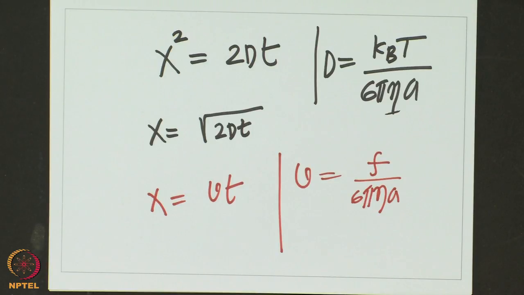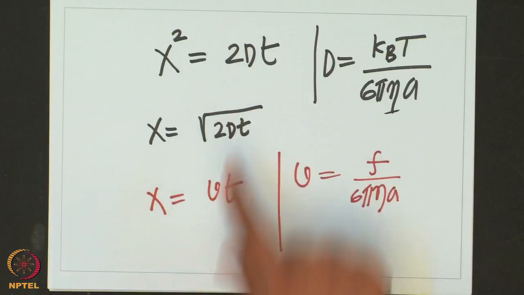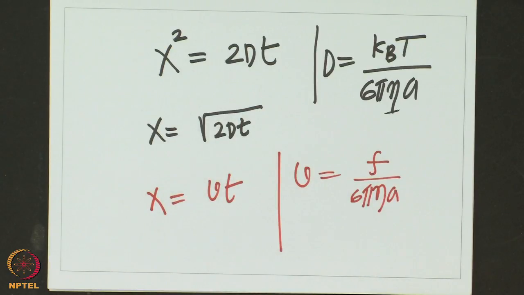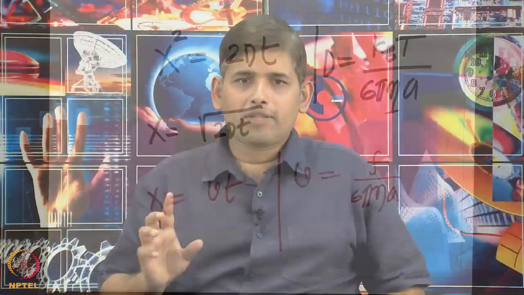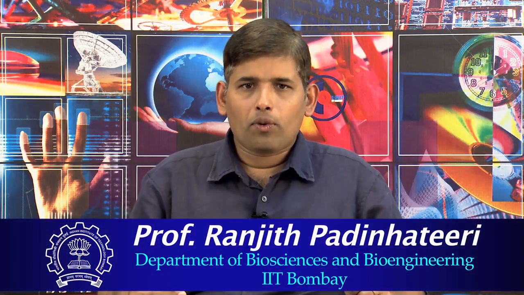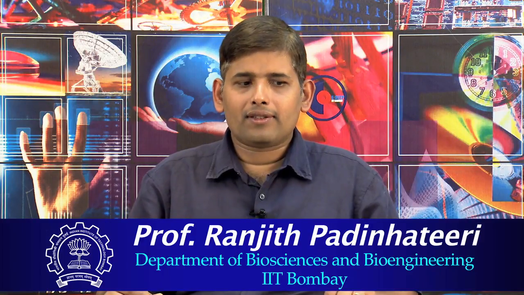The more ATP I consume, I can drive it faster. So this velocity only depends on the availability of ATP and so on. So I can move much faster using active transport as opposed to diffusive transport. So it is important to understand this difference between active transport and diffusive transport. And this gives us some basic details about these two different types of transport and the mathematics behind this.